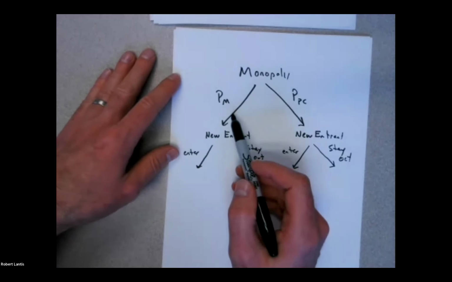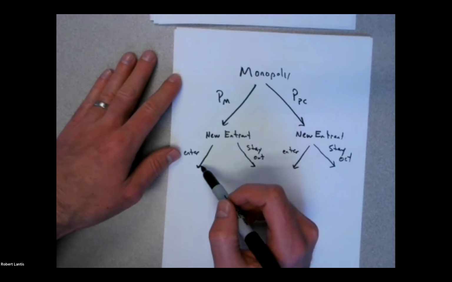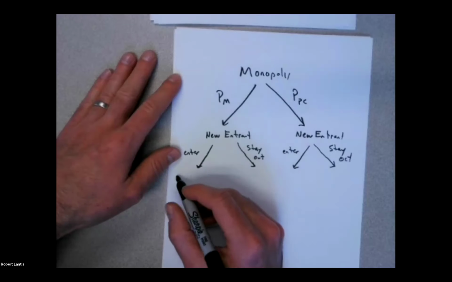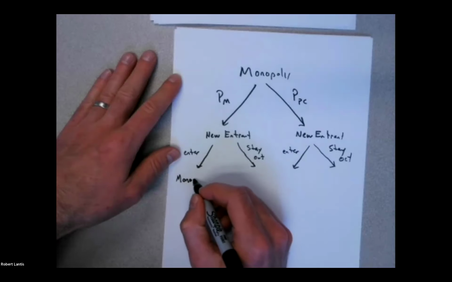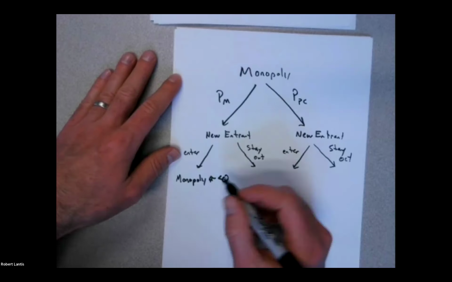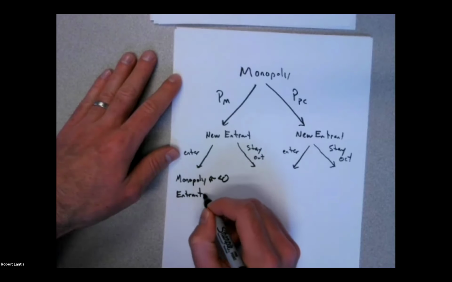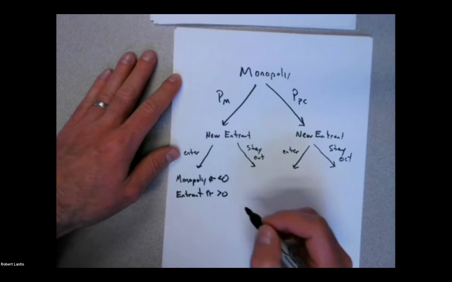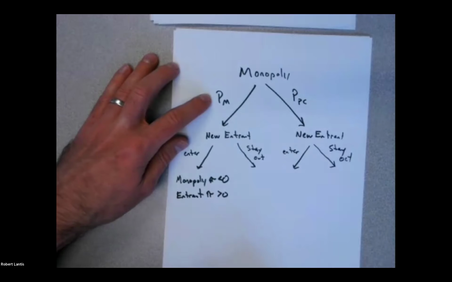Well, if the current monopolist sets that higher monopoly price and this new firm enters, the new entrant can undercut that price. So my monopoly profits will actually be negative. Everyone's going to buy from the new entrant, who, selling at a lower price than the current price I'm setting, can earn positive profits.